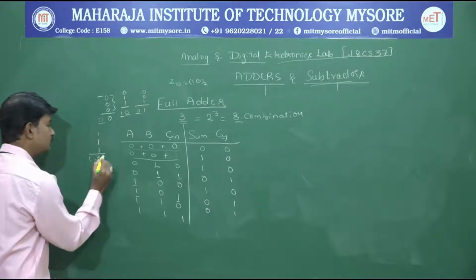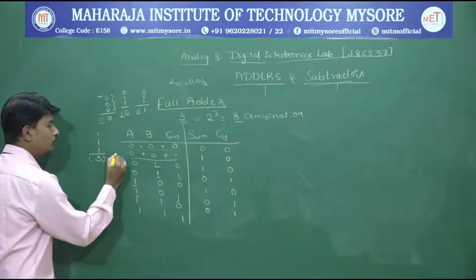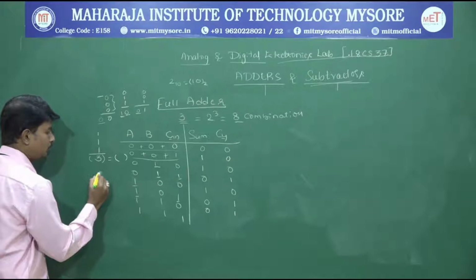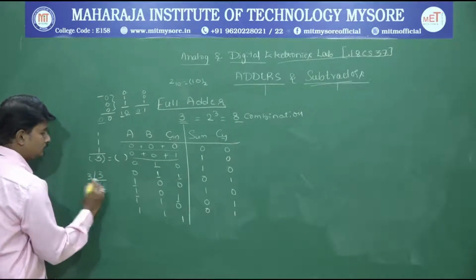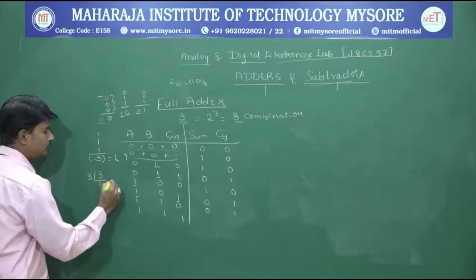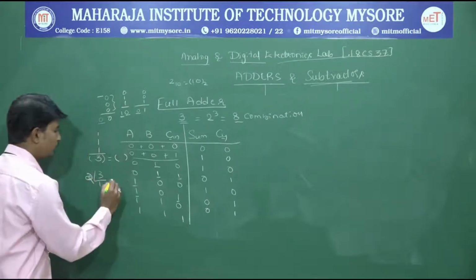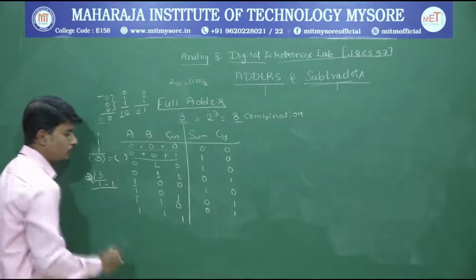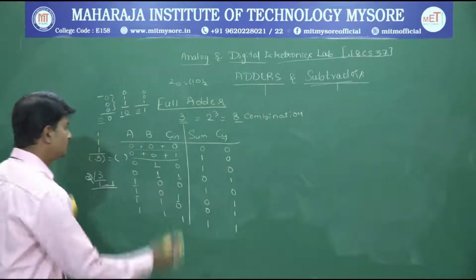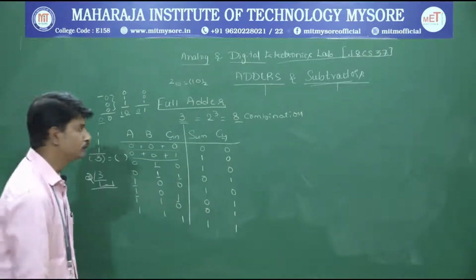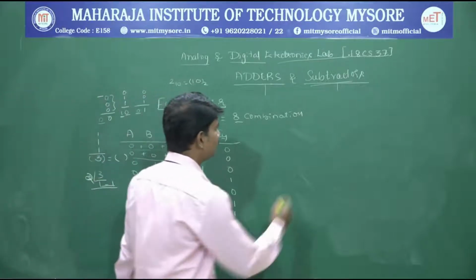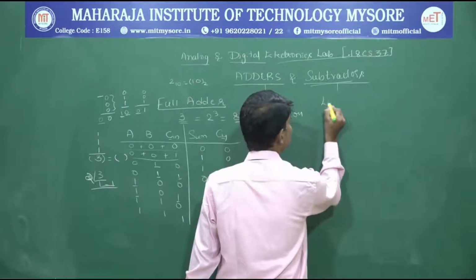If you convert this 3 into a binary number, you get 1 1, that is, the sum is 1 and the remainder, the carry, is 1. So this is the truth table for a full adder. Now I'll write a logical equation for that.